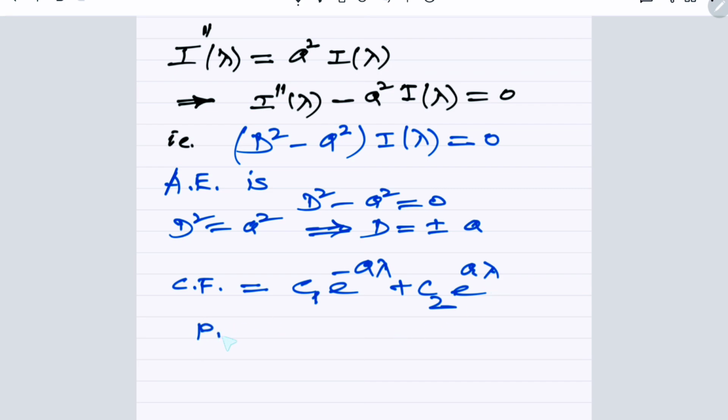And the particular integral is 0 as the right-hand side of that equation is 0. Then the complete solution is the sum of these two, CF and PI.